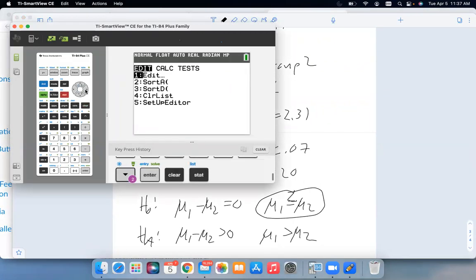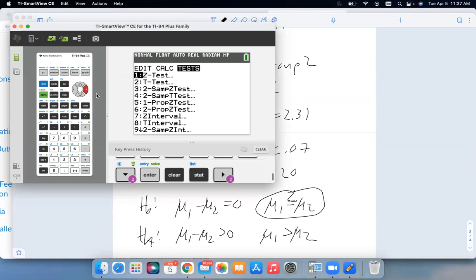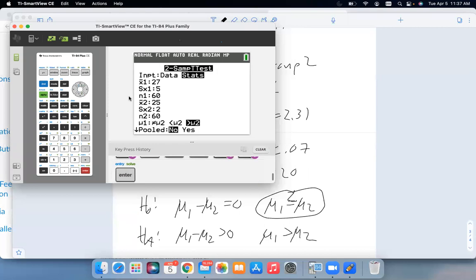So we're going to go stat, over to tests. This is a hypothesis test, so our button better say test. We have two groups and we have to say T. It's always going to say T, so the only button that works is 4.